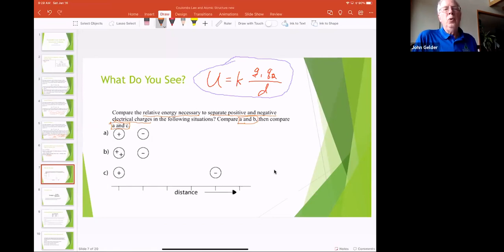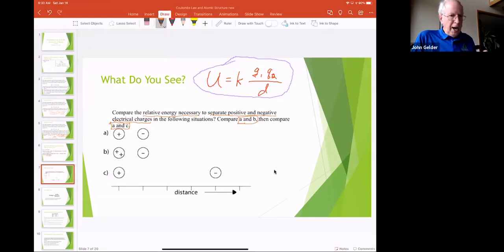And so Coulomb's law, this relationship that Lou's got written on the screen, is very important. However, you will not be expected to do a calculation, but you are expected to have this qualitative idea that the energy required to separate is directly proportional to the charges and inversely proportional to the distance between the charges.